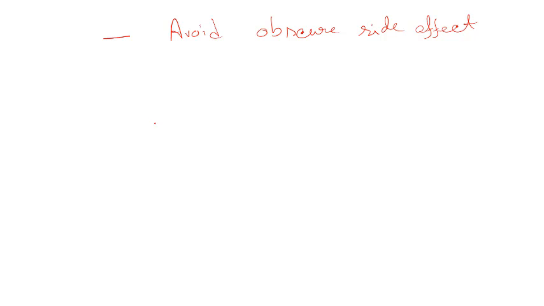For example, if a global variable is changed obscurely anywhere in your program, which is difficult to infer from the function's name and header information, it becomes difficult to understand the code. So do not change global variables obscurely anywhere in your program.